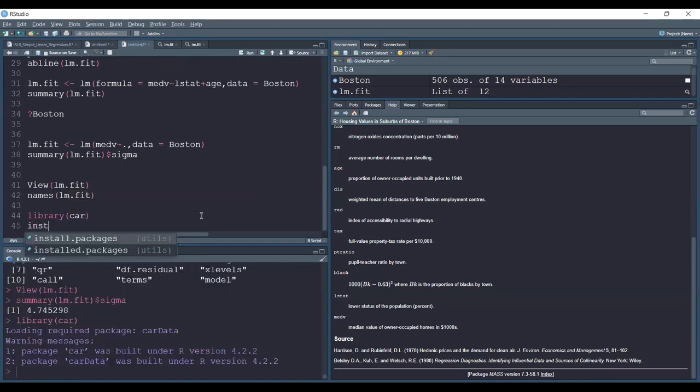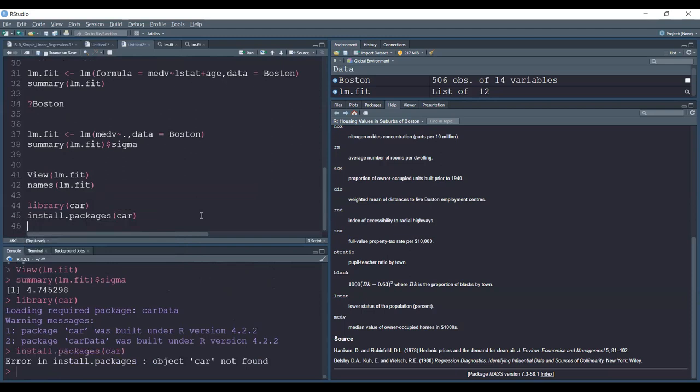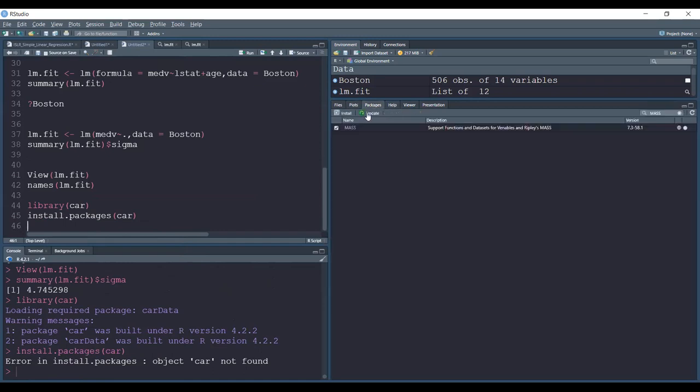Do I need to install it? Let's have a look.